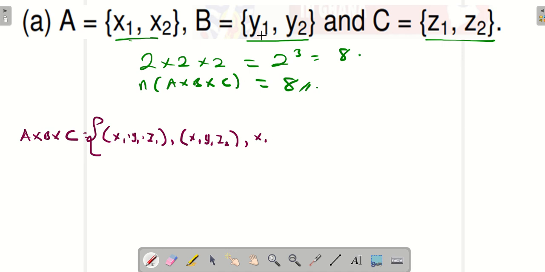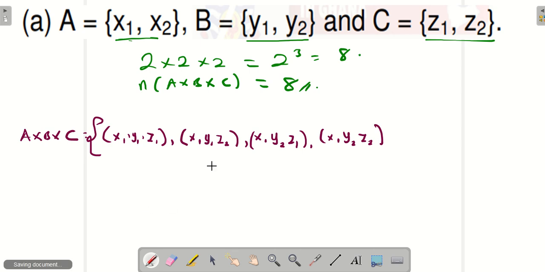This time, not Y1, Y2, then Z1. Then I'll take X1 again. This time, still Y2, then Z2.